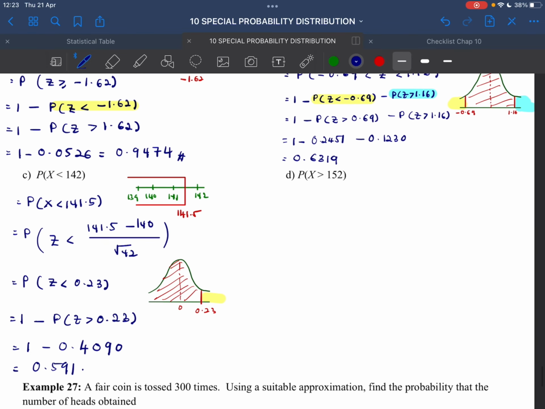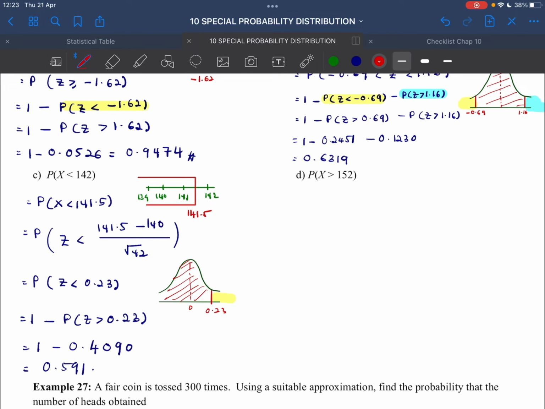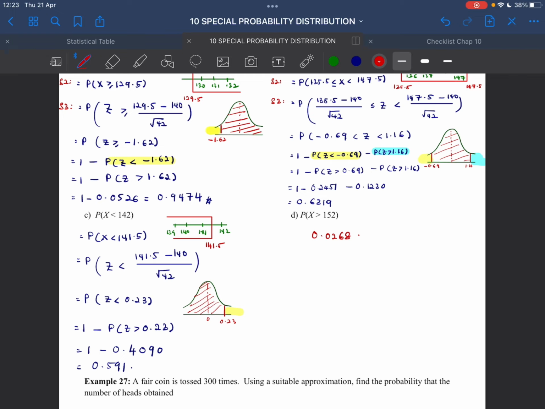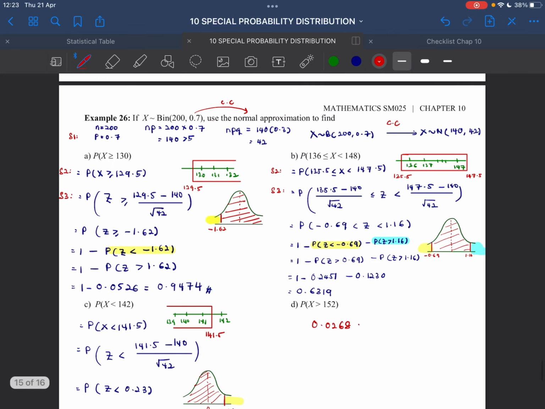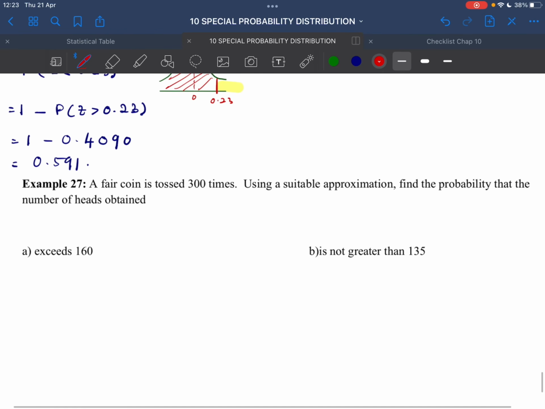Okay, so question D, please do this by yourself. The final answer is 0.0268. So now you have learned how to do continuity correction and standard normal distribution. There are 3 steps for this. If you want to change from binomial to normal, you have to find your NP and NPQ, CC, standard normal distribution. 3 steps.